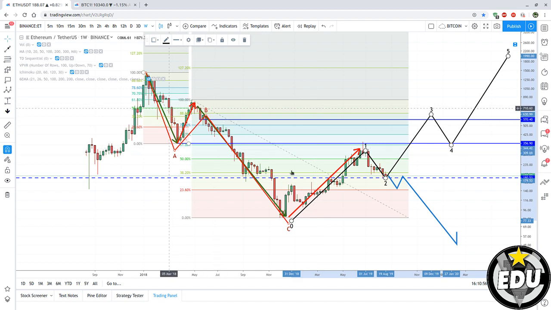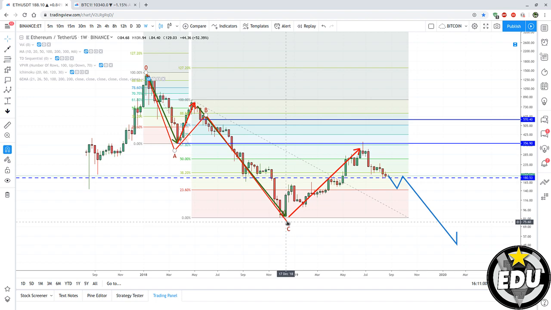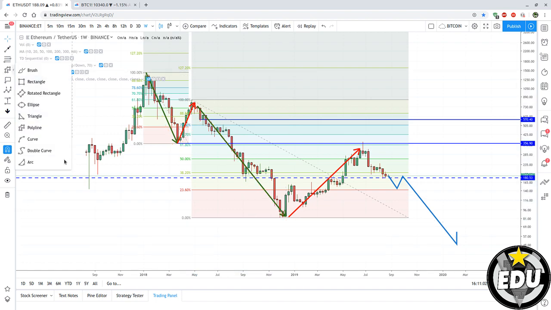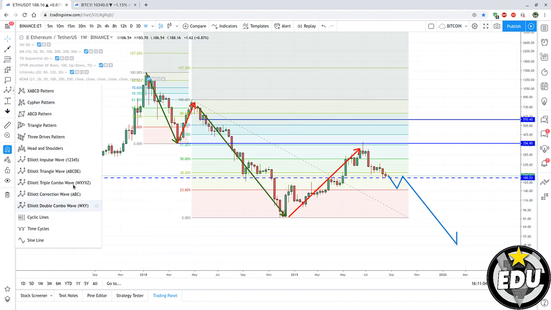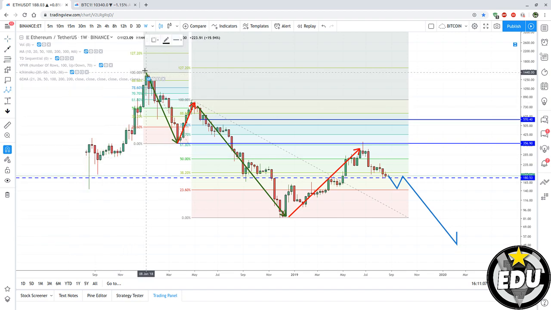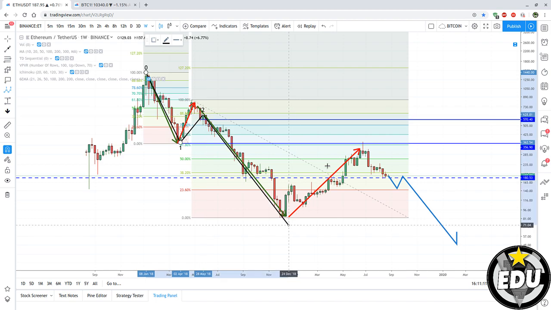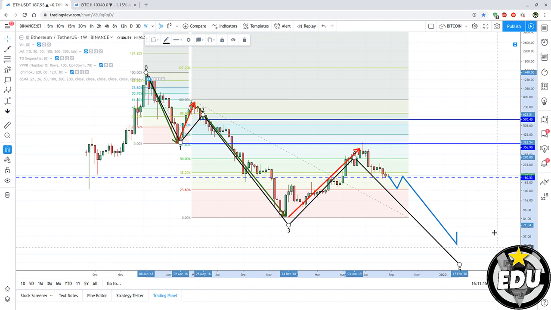Or is this a bearish Elliott wave? They both match. We won't know until we see it. Nobody has a crystal ball.